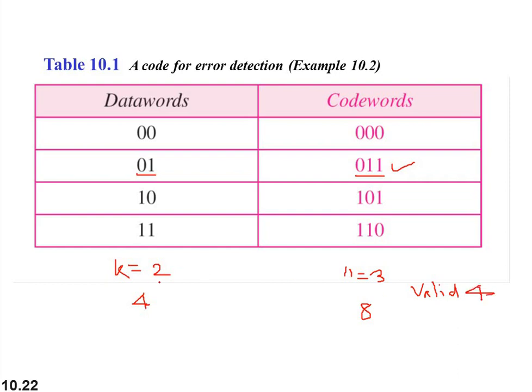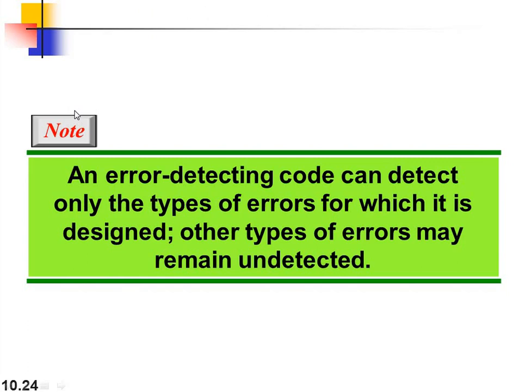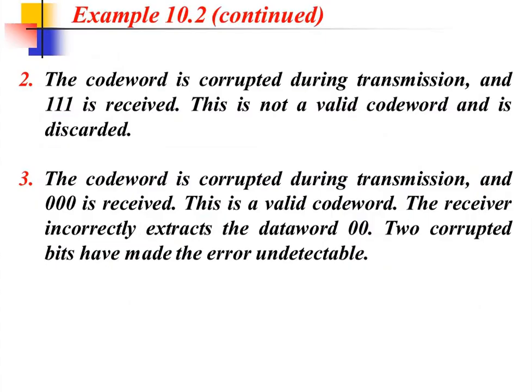Because these are the valid data. So the valid codes will be only 4, and the remaining 4 will not be valid codes. So instead you have received 111. 111 is not there in the code words, so the received code is not a valid code, hence it is discarded.